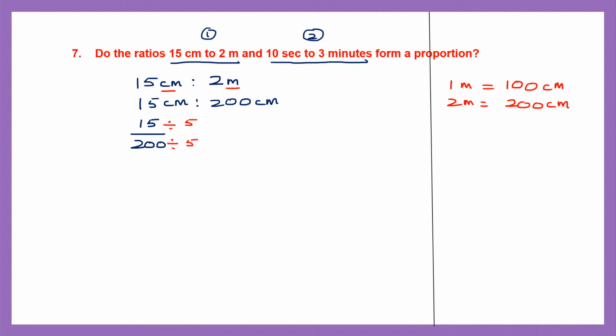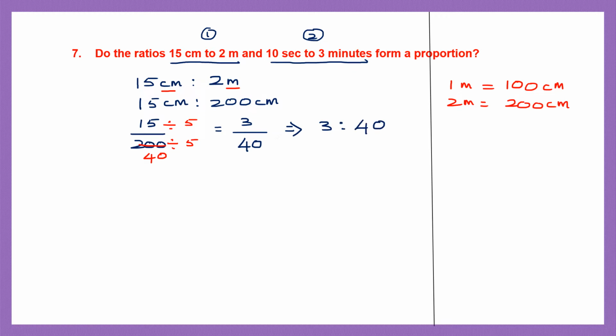So here 5 threes are 15, and 5 into what will give us 200? 5 fours are 20, and then I add the 0. So 5 into 40 will give me 200. So my first ratio will be 3 is to 40. This is my first ratio.